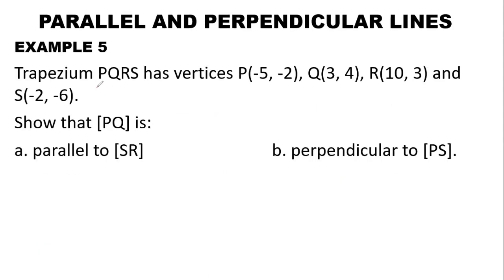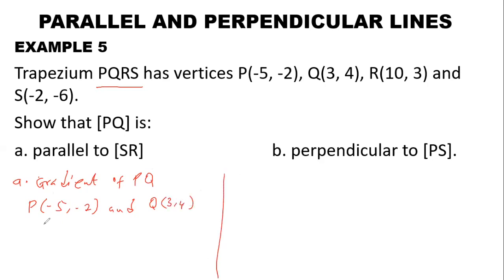The trapezium PQRS has vertices P, Q, R, and S. We are asked to show that PQ is parallel to SR. We have the points P(-5, -2) and Q(3, 4).